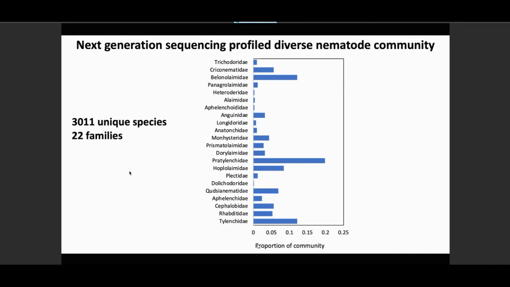And then we have developed our own database for the fast taxonomical classification of the nematodes present in the soil samples. By doing this analysis, we find about 3,000 unique species of nematodes in our soil samples. They belong to 22 different families, and this is much higher as compared to what we can find with the traditional morphological technique.